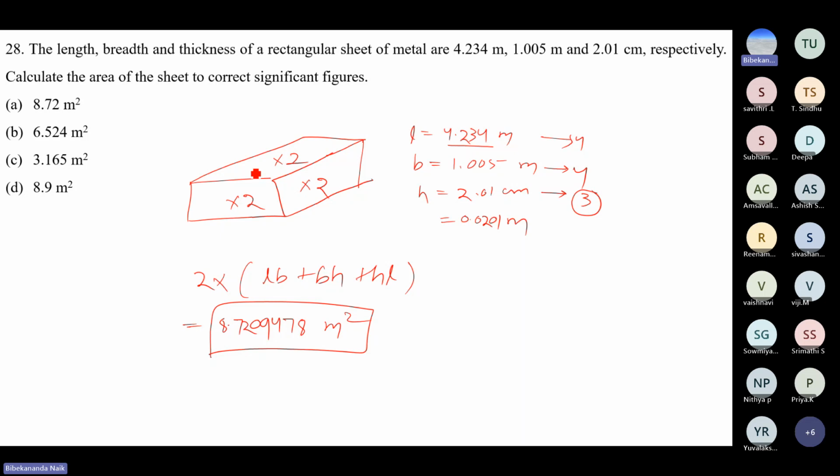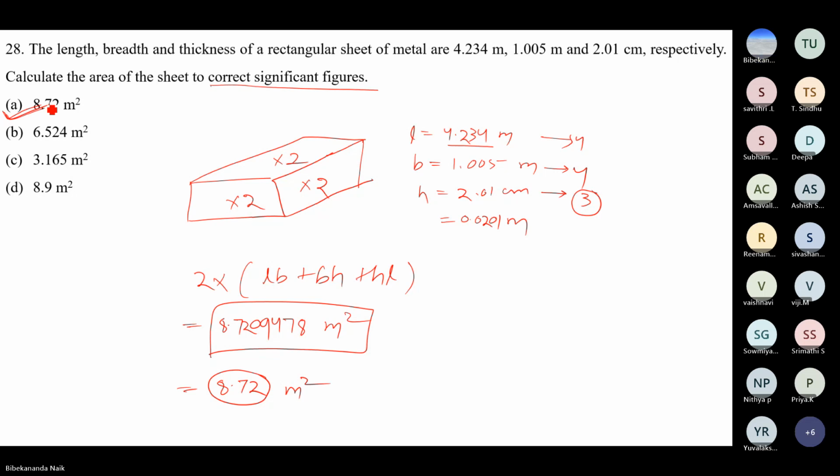But since the question asks to calculate the area of the sheet to correct significant figures, we have to consider the least number of significant figures in the given quantities. As you can see here, the least number of significant figures is 3. So when you are writing the answer, it will be correct up to 3 significant figures. Taking the first 3 digits, it will be 8.72, and the unit is meter square. So the correct answer will be 8.72 meter square.